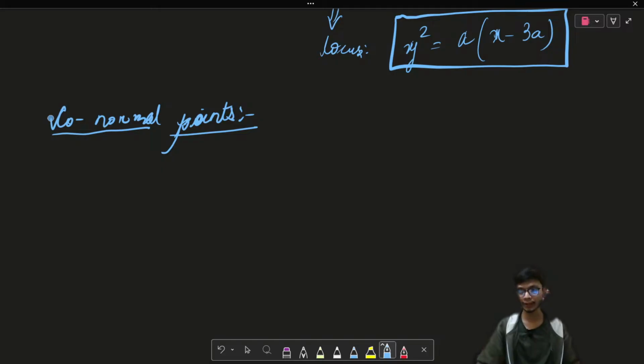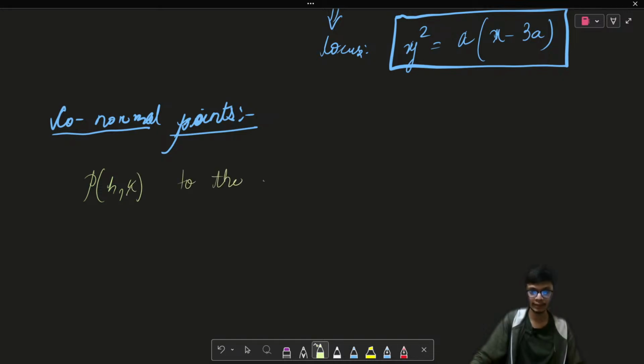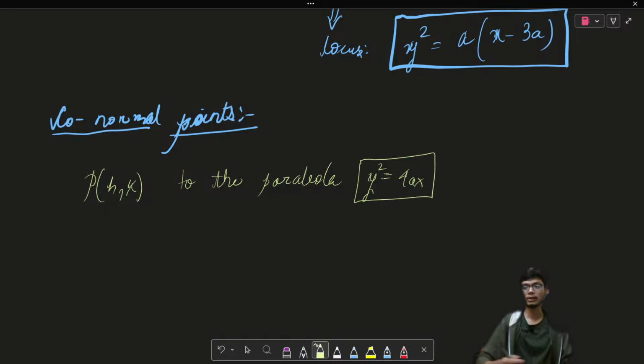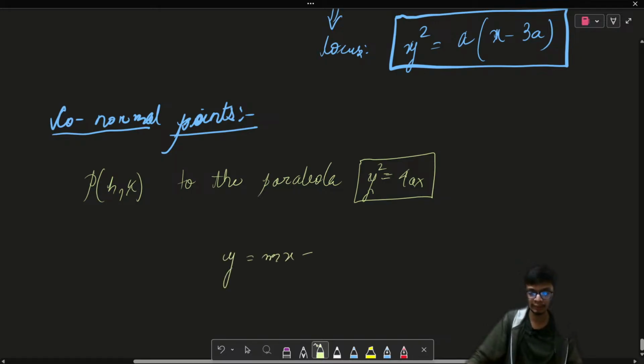So what is a conormal point? At any given point, which is basically given as h comma k, to the parabola that is given as y square is equal to 4ax, if I try to draw a normal of slope m, then the equation of normal can be given as y equals mx minus 2am minus am cube, right?